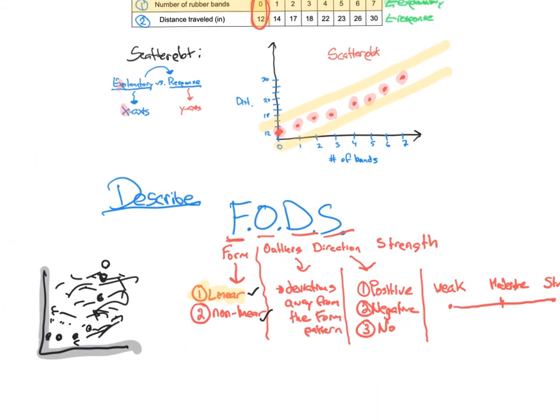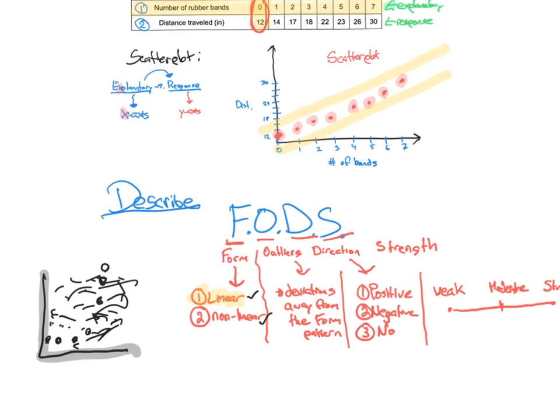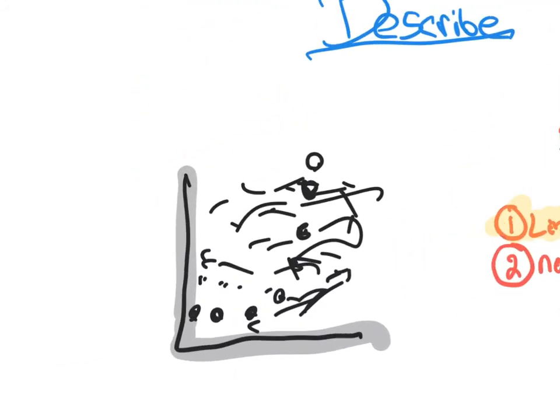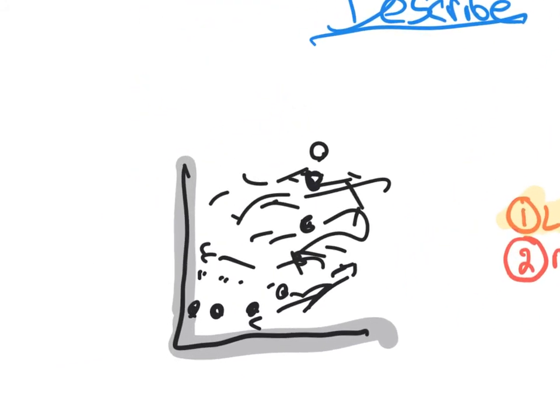Okay, direction: positive, negative, or none. Think about algebra, when you put a line of best fit, thinking slope. Positive slopes are going to be like this. Negative slopes are going to be like this. And no slope would be like this.